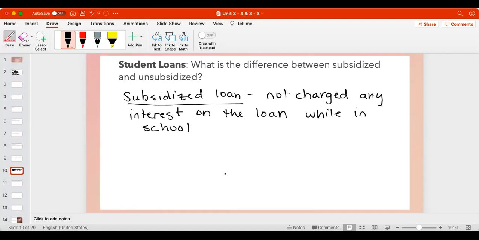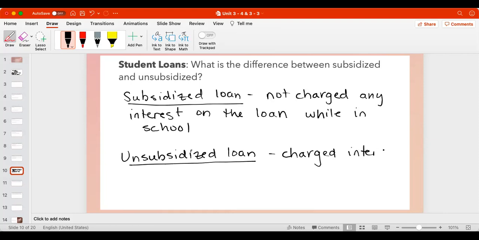While with an unsubsidized loan, you are charged interest for the period of time that you're in school. And this interest that you are being charged is simple interest.